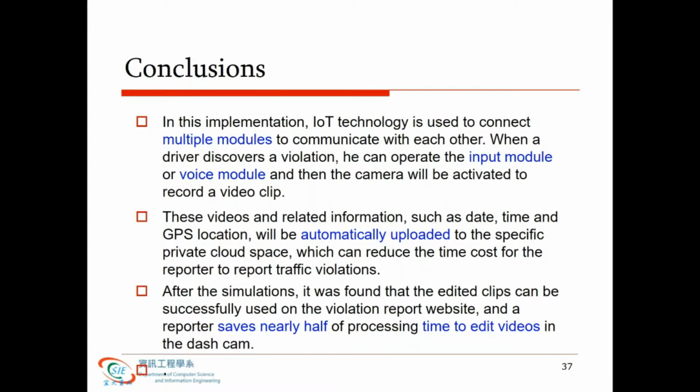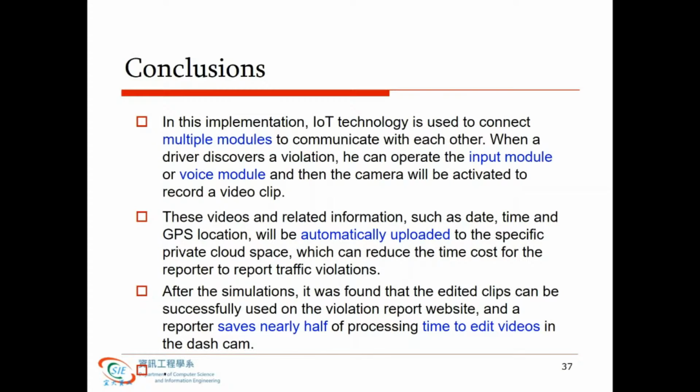These videos and the related information such as day, time, and the GPS location will be automatically uploaded to the specific private cloud space, which can reduce the time cost for the reporter to report traffic violations.